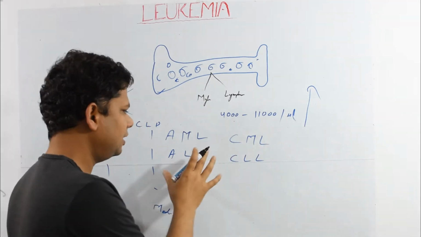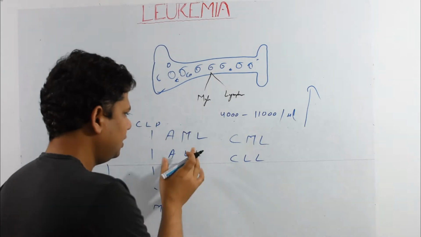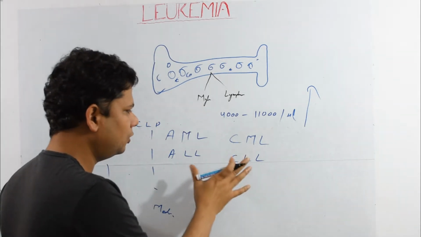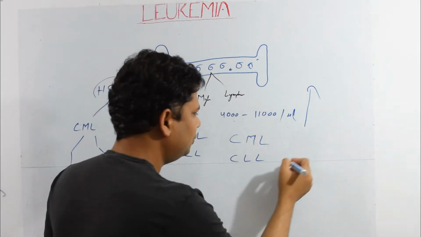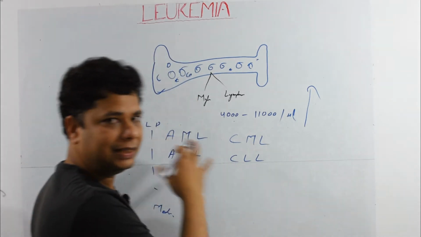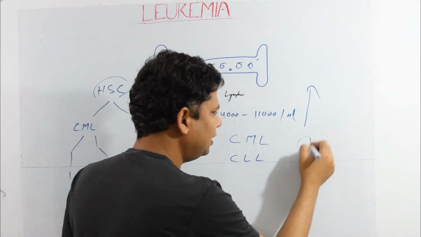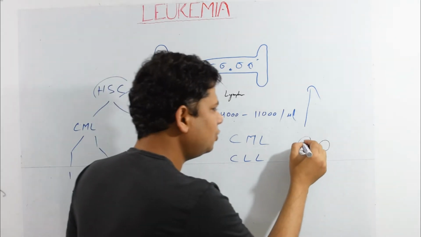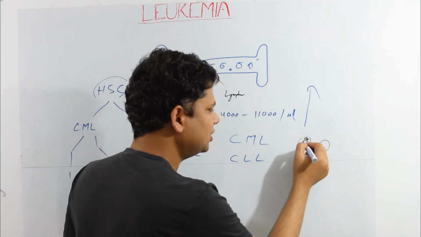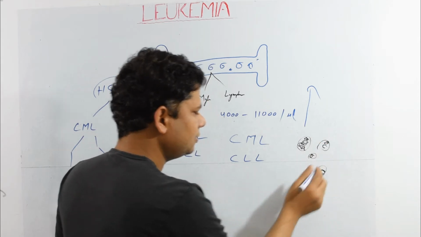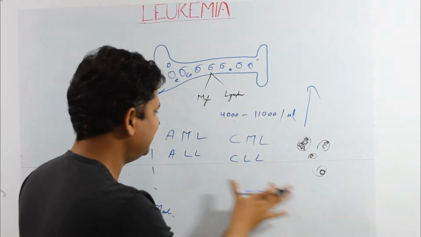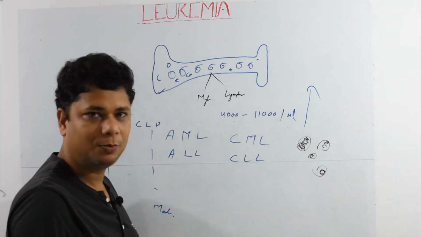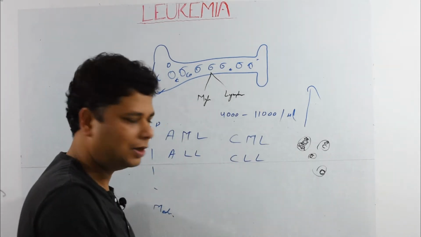Leukemia happens to bone marrow cells, and lymphoma also happens to bone marrow cells, but some of the cells move to lymphoid organs like the spleen, and they start growing in mass in those organs. That is the basic difference. And some people say that leukemia happens to myeloid and lymphoma happens to lymphoid. That's not true.